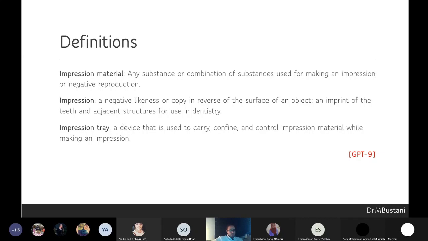In order to take an impression, we need an impression material to take the impression and an impression tray to hold the impression material. So an impression material is defined as any substance or combination of substances used to take an impression or a negative reproduction of an object. The tray is the device that you use to carry this material.